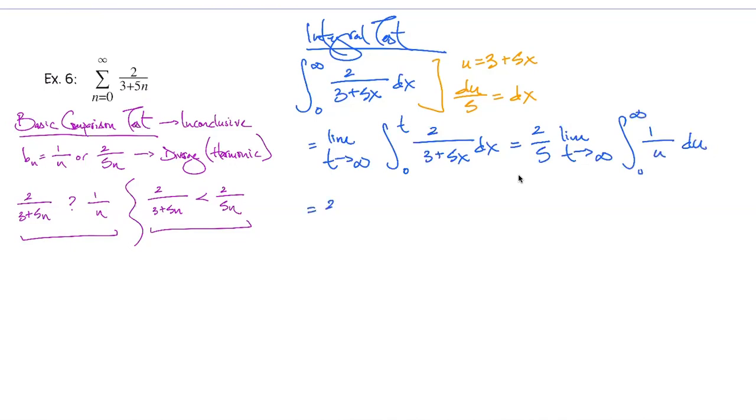And that's going to give us 2/5 the natural log of 3 plus 5x. And we're going to plug in infinity and 0. That gives us 2/5 natural log of infinity minus 2/5 natural log of 3. And we know that this goes to infinity.